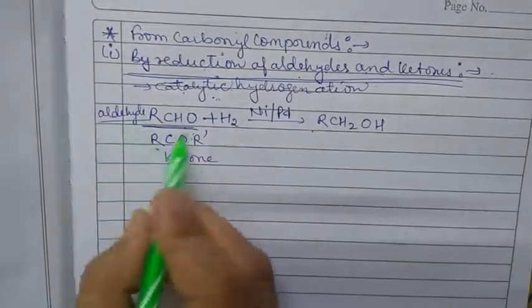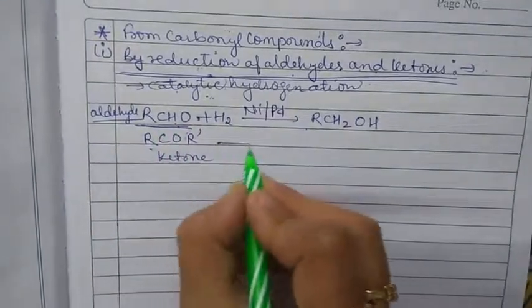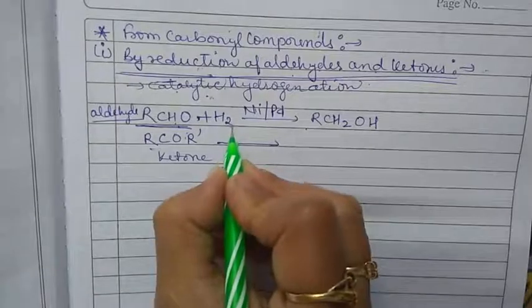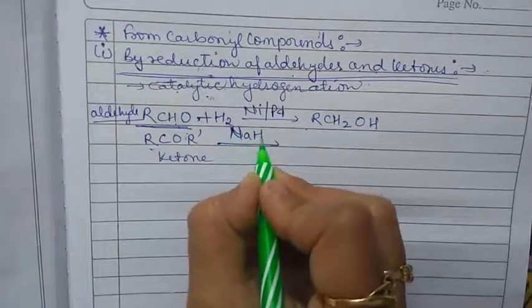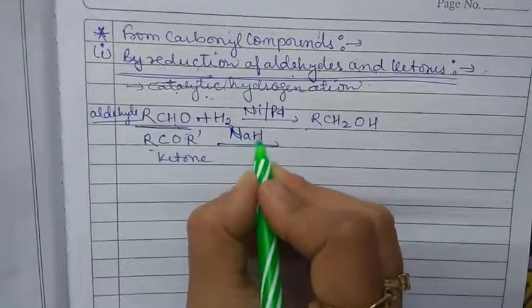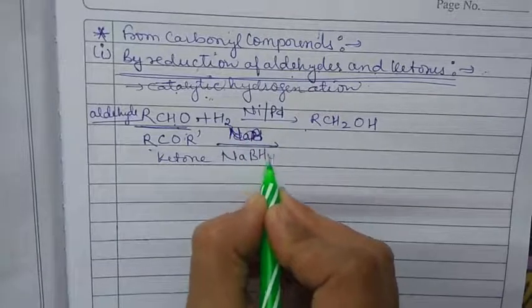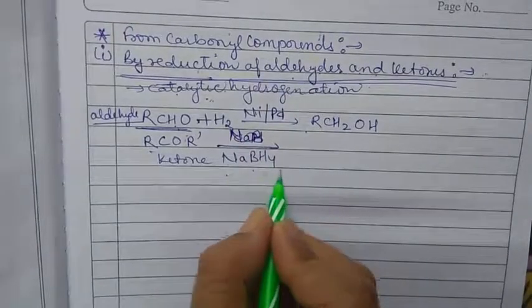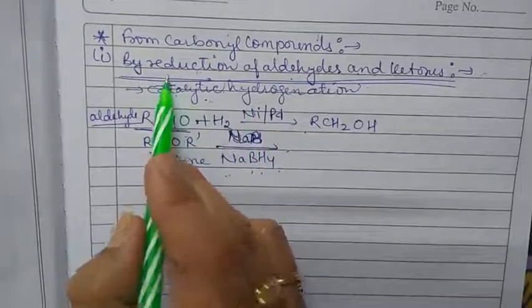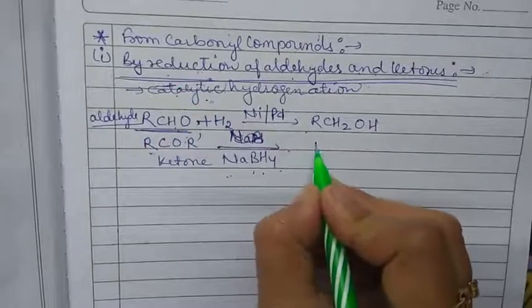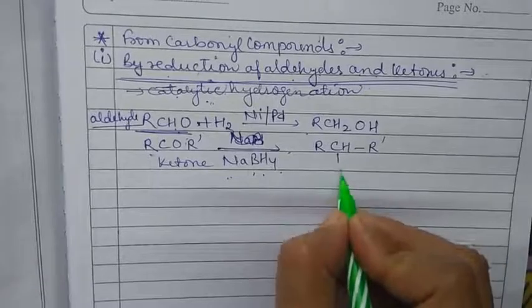This reaction takes place in the presence of sodium borohydride, NaBH4. Again reduction takes place, meaning addition of hydrogen takes place, and we have RCH(R')OH.